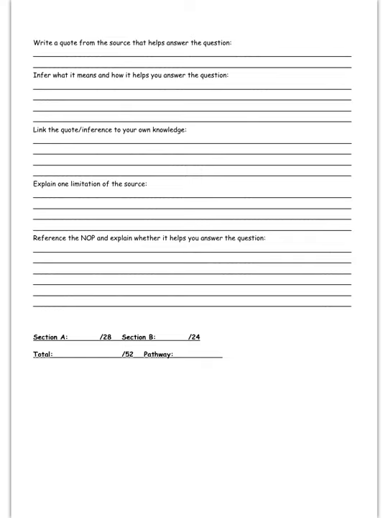Infer what it means, an educated guess or assumption. Link the quote or inference to your own knowledge. Then tell me one limitation of the source. Why is the source not perfect? Finally, reference the nature, origin and purpose to explain whether it helps you answer the question.